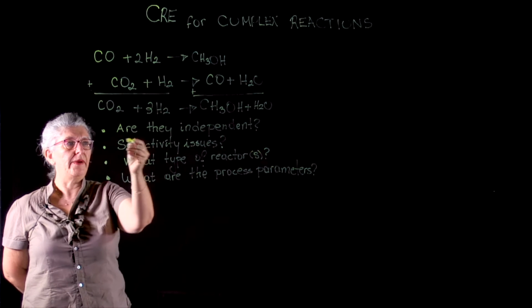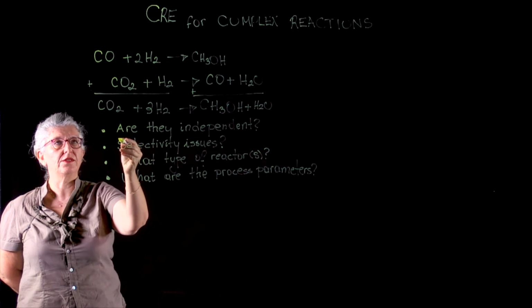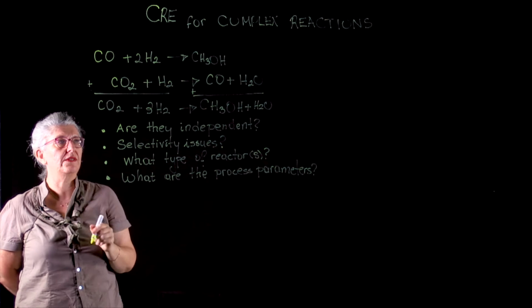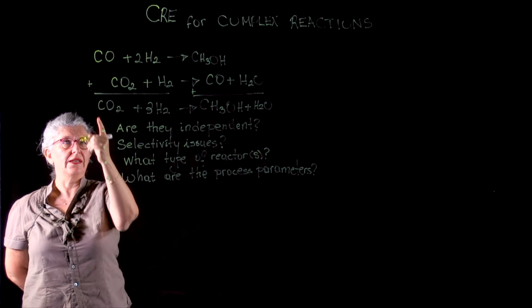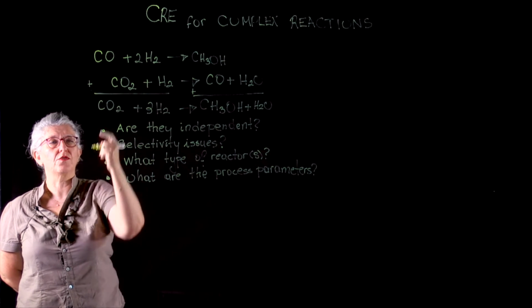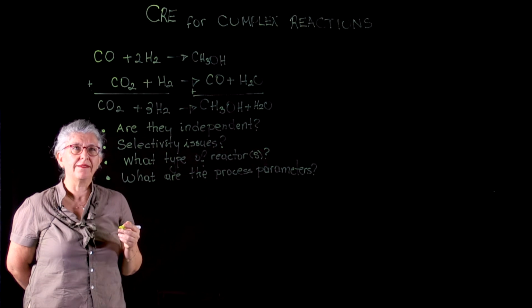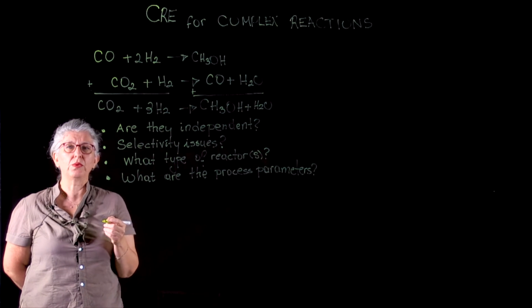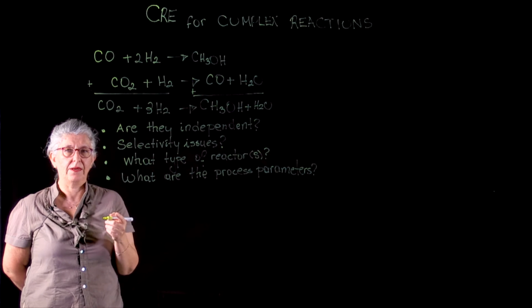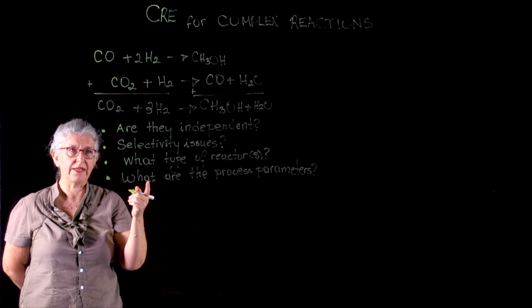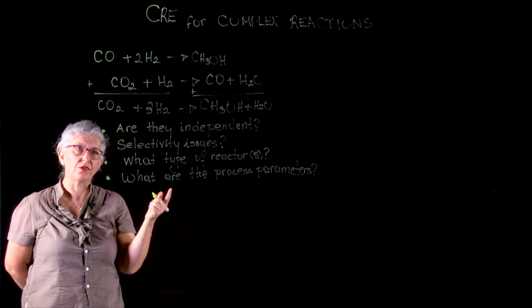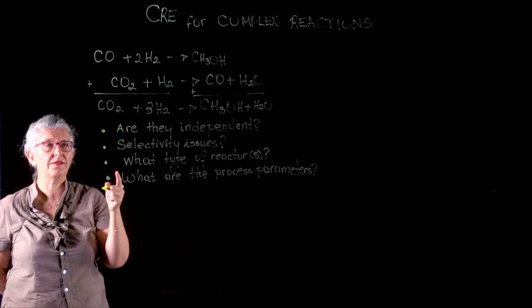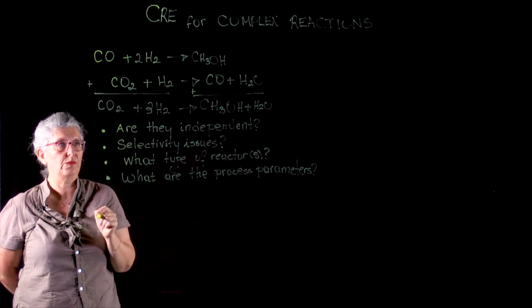The independence question is easily answered by looking at the reaction network for a three-reaction system, we can see that only two of them are independent, as we mentioned earlier. The third one is derived based on the two.